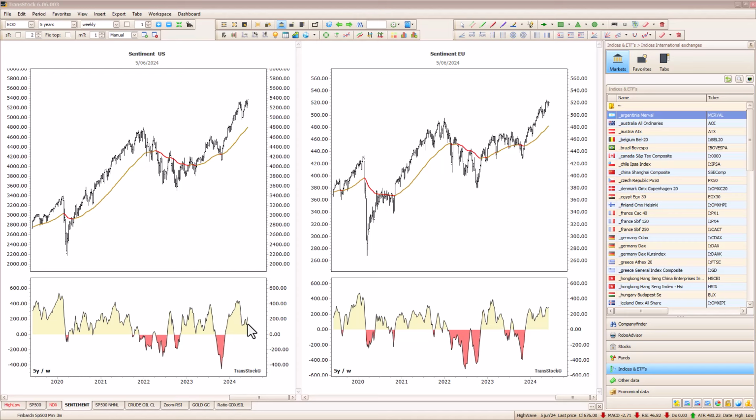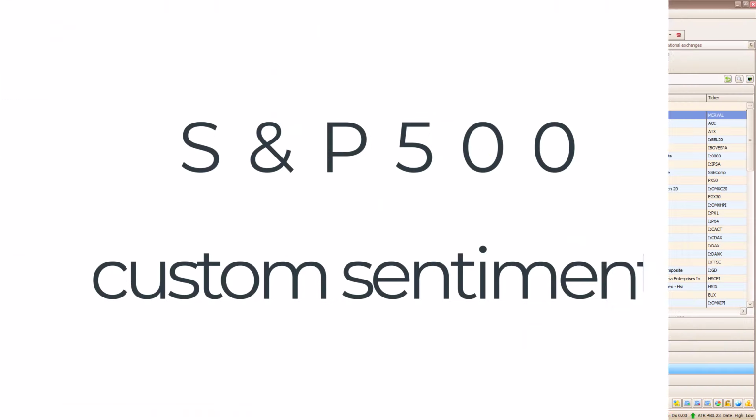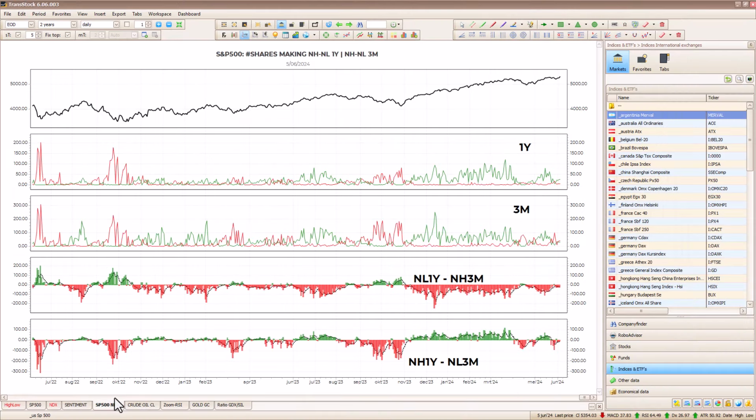With my software TrendStock, I can set up my own market momentum analysis. The following study shows 5 compartments with the price chart on the top. The next 2 inner windows show the number of stocks making a new top, the green line, or a new bottom, the red line, over a period of 1 year and a period of 3 months.